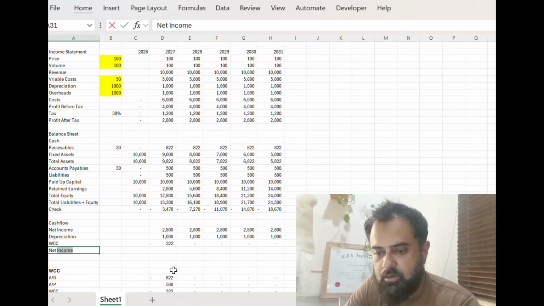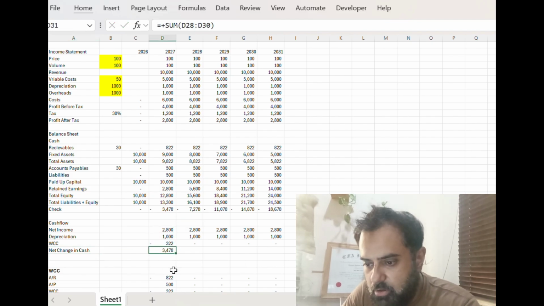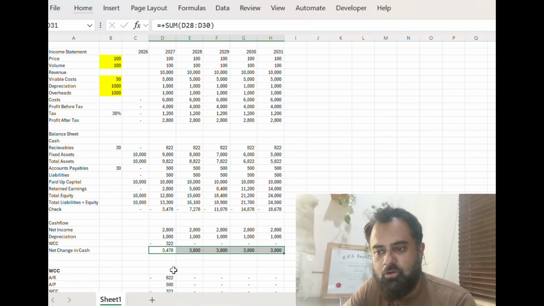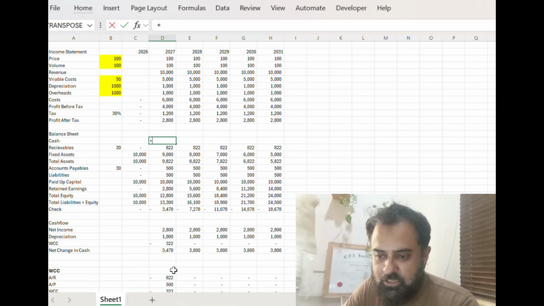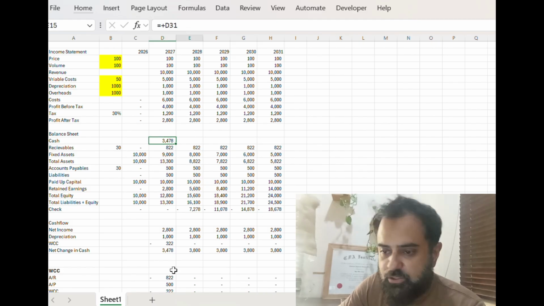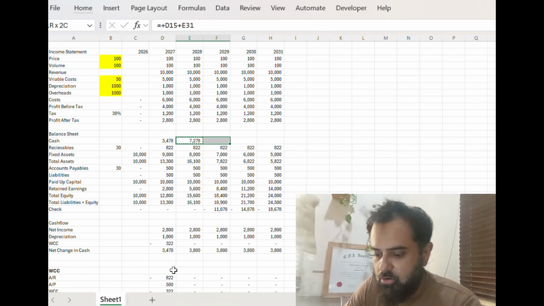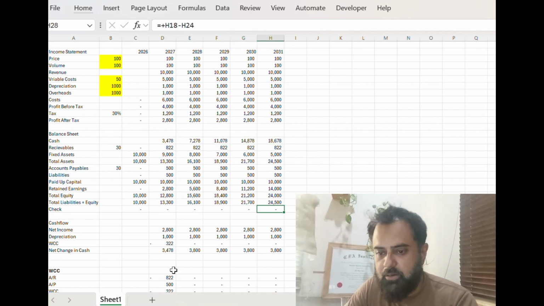We take the net change in cash. We just sum all of this up. And I think we're going to balance our balance sheet in the first go, which is rare, but nevertheless does happen from time to time. And the cash balance is obviously cumulative. So this is it. This is our balance sheet. It balances, and we have the cash flow statement as well.